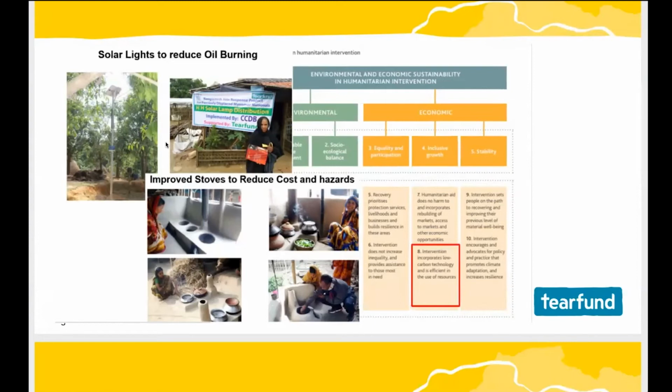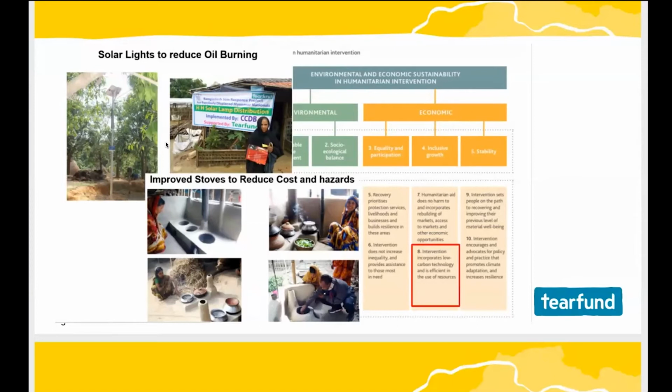And we are also providing improved cooking stoves to reduce cost and hazard. At the first stage, people used to chop down trees and use the normal stove. So we have developed and are using this new improved stove with multiple holes that can reduce the use of burning wood. We already got a good impact: almost half of the use of wood has been reduced.